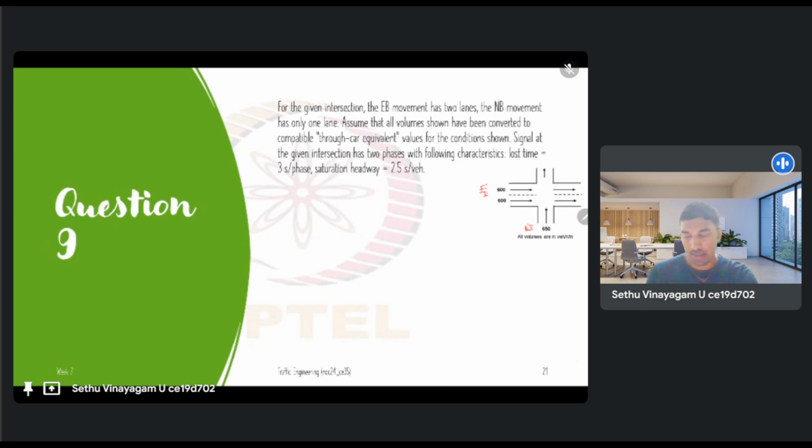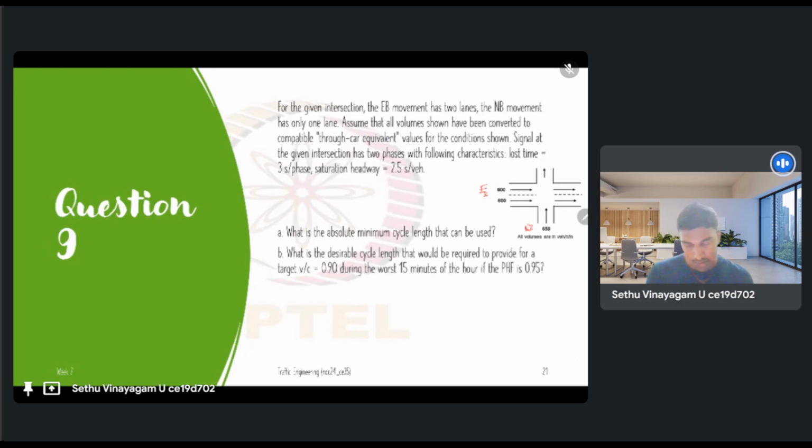and the signal at the given intersection has two phases with the following characteristics. Lost time is 3 seconds per phase, saturation headway is 2.5 seconds per vehicle. And so what we have to calculate is the absolute minimum cycle length that can be used, and then the desirable cycle length for a target v by c ratio of 0.9 during the worst 15 minutes of the hour if the PHF is 0.95.